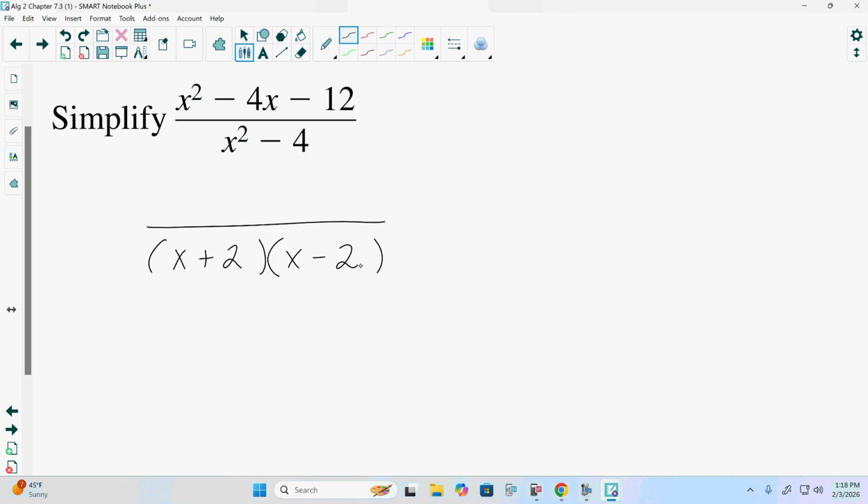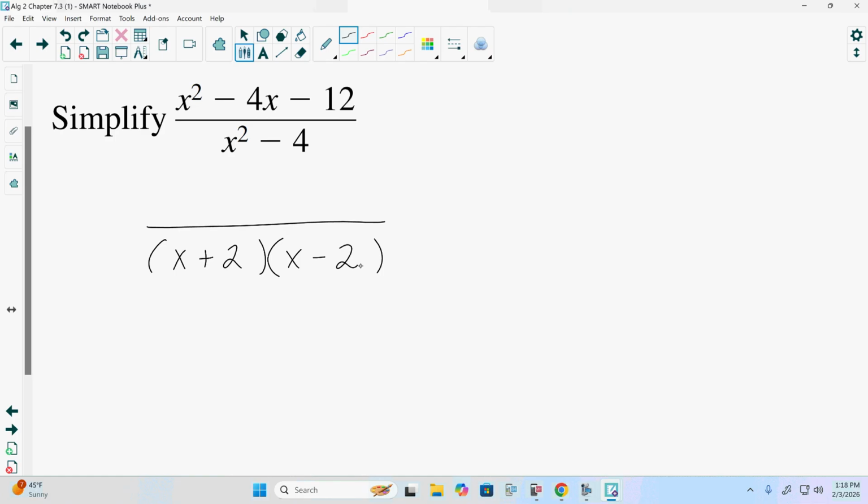Now it seems odd why I say focus on that one first. Why does it make a difference? Because in the end, we need to factor the top and bottom, reduce what's in common, and go from there, yes? Well, by factoring the x squared minus 4 to x plus 2 and x minus 2, if something simplifies, one of the top two factors has to be what? X plus 2 or x minus 2.